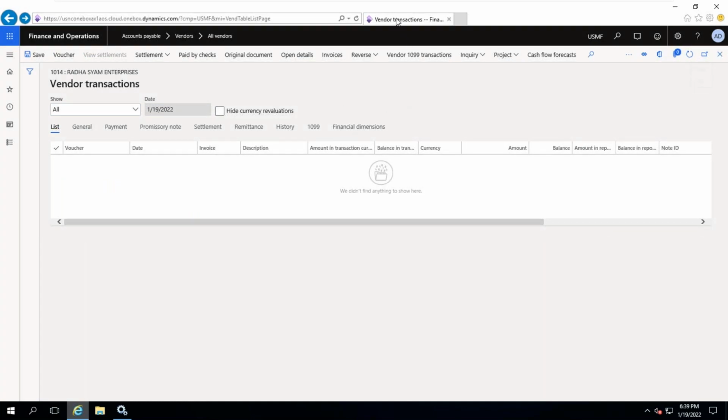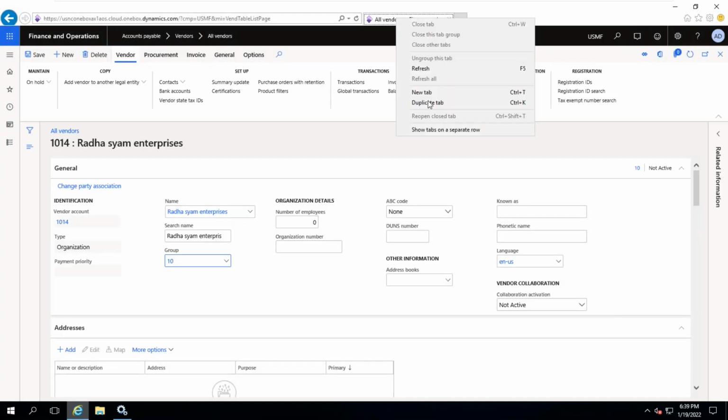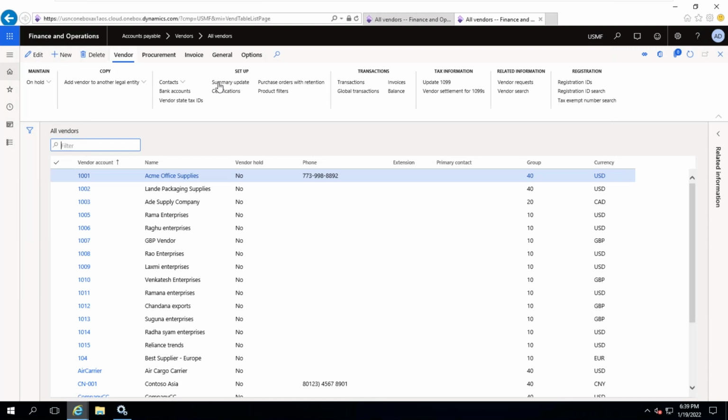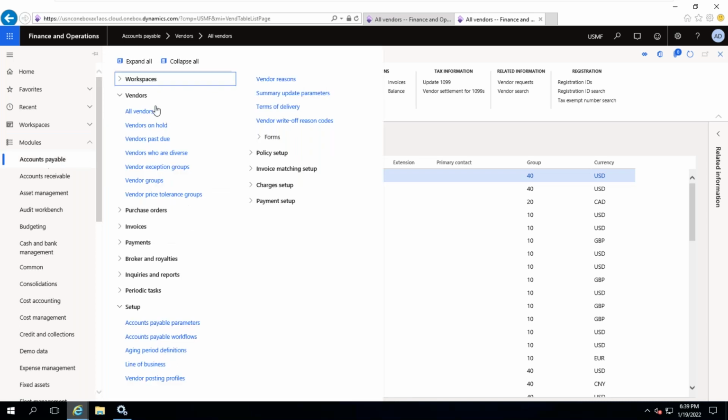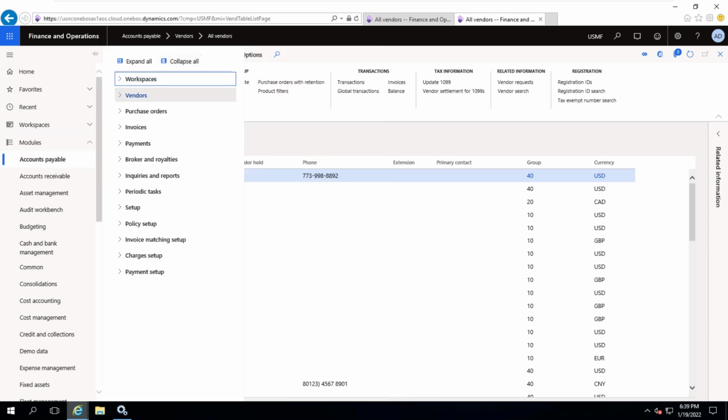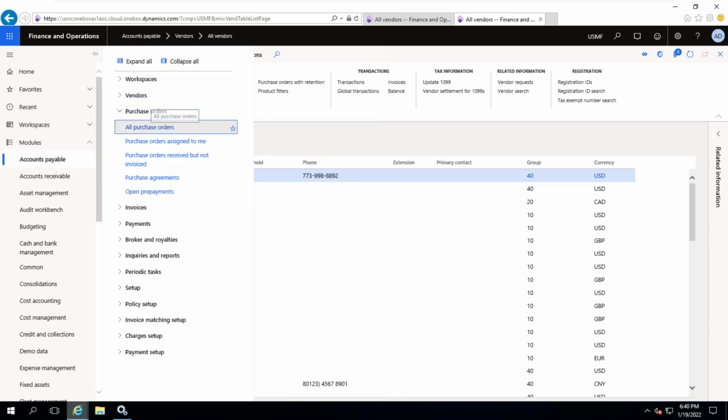So let me create a purchase order. Let me take a duplicate tab. I'm creating a purchase order in the accounts payable module, under all purchase orders.